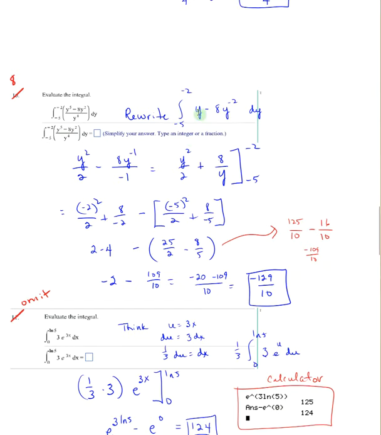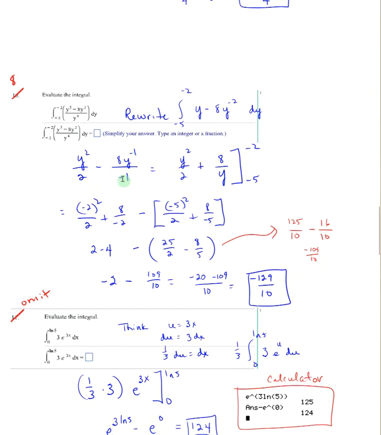And so this piece becomes y squared over 2 minus 8y to the -1 over -1. We're adding 1. And so we're going to evaluate y squared over 2, because of this negative here, and we're going to put the y on the bottom. So this becomes plus 8 over y.